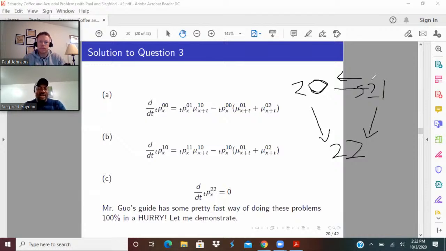And once you get to 2, you are dead. There's nothing we can do to revive you. As a reminder, 2 to 0 would mean you would go from dead to alive. 2 to 1 would mean you would go from dead to sick or disabled, which you can't do. And 2 to 2 means you stay dead. So the entire derivative there becomes 0.